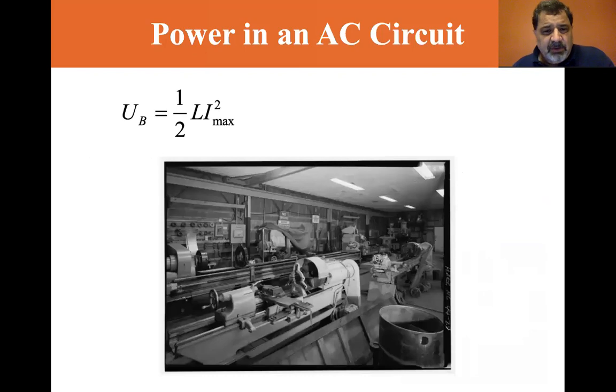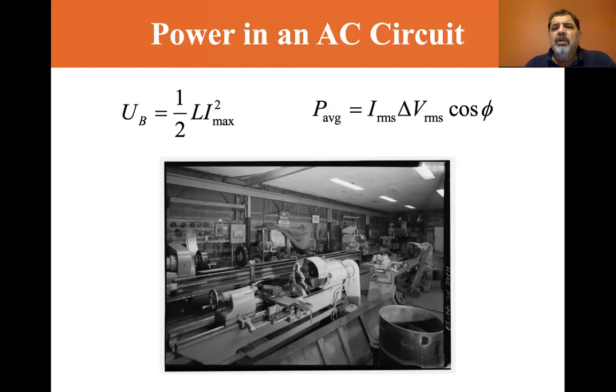Okay, now we know that energy stored in an inductor is 1/2 Li squared. And we know that P average is equal to IRMS delta VRMS cosine phi.